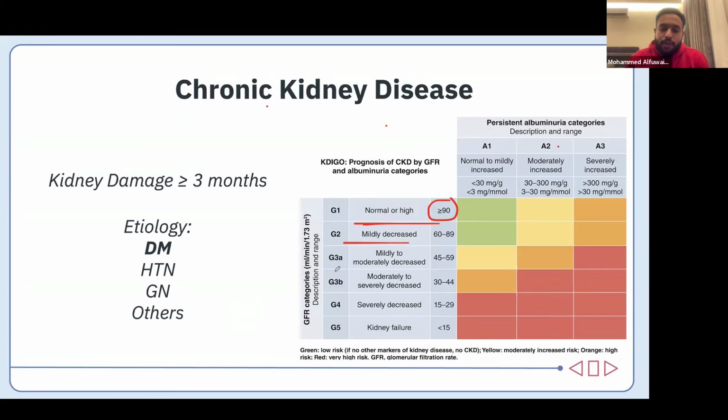Ignore these numbers, but stage 2 is from 59 to 45, then 45 to 30, then 30 to 15, then below 15 is the last stage. Do you need to remember these? Yes. Stage 1, 2, 3, 4, 5. Five stages. That's it. Yes, the numbers, you need to know these numbers.